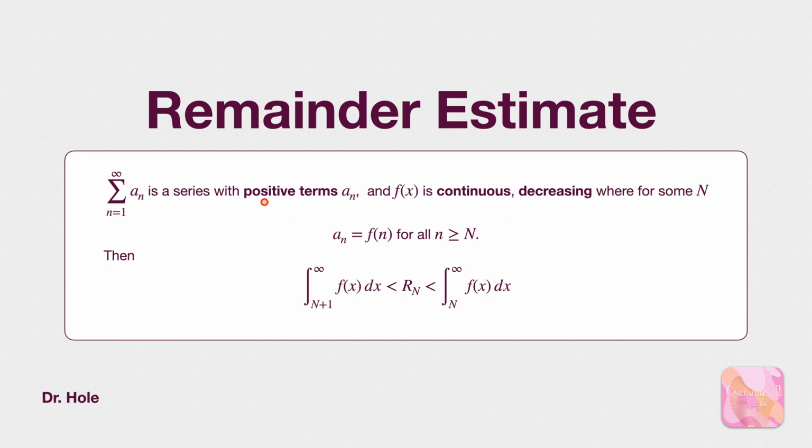Our assumptions have been that we're taking a series with an associated sequence of positive terms, that those positive terms can be given by a function evaluated at integers after some starting point, where the function is continuous and decreasing. And then under that condition, we can say that the nth remainder is controlled below by the definite integral of the function from n plus 1 to infinity, and then above by from n out to infinity.